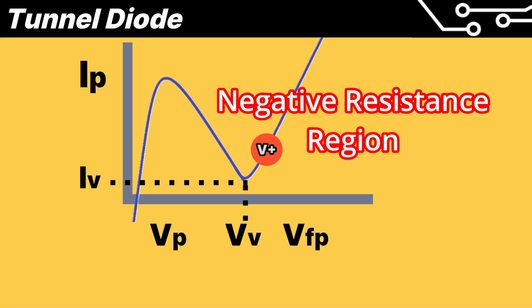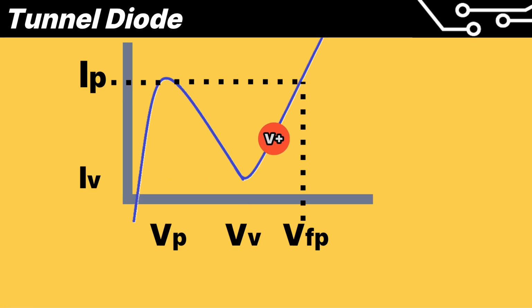We call this section the negative resistance region. If we increase the voltage further, we reach the VFP region. From this point on, the current can flow freely again. The characteristic of a tunnel diode is that it turns the diode function on and off according to the voltage in the low voltage range.